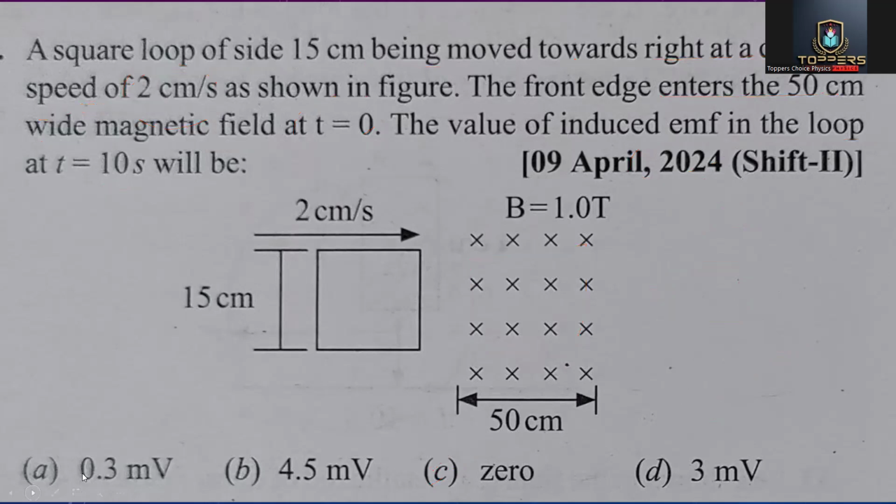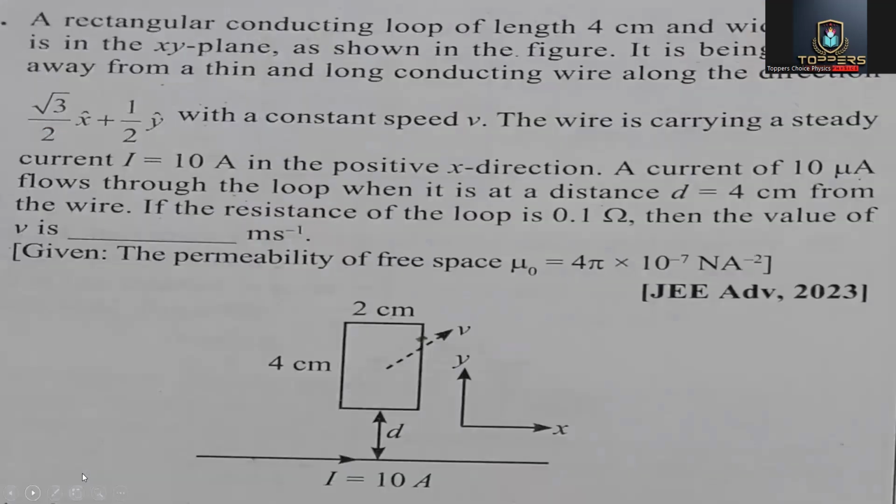that is using the concept of magnetic field when a loop is rotating in this one. This is a JEE Advanced 2023 question. Look here. A wire is carrying a current of 10 ampere, and a loop is located at distance d.